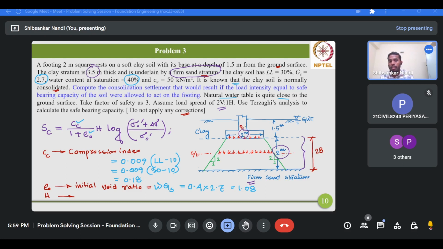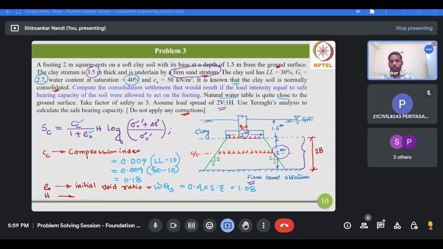And how this is basically determined, you can go for the concept of pressure bulb. Okay, so the concept of pressure bulb is like that.